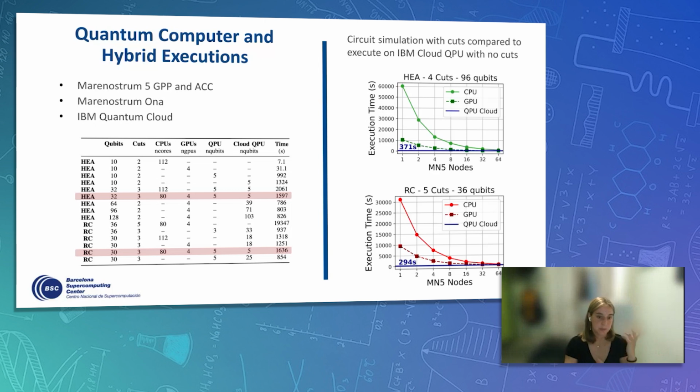In this case, our policy to decide where to send each part of the subcircuits was basically: all the circuits that were bigger than 18 qubits were sent to the GPUs. All the subcircuits that were smaller or equal to 5 qubits were sent to the QPUs because of the MareNostrum on a chip constraint, and were offloaded by half between both QPUs: half of them were sent to the on-site QPU, and the other half to the IBM cloud QPU.